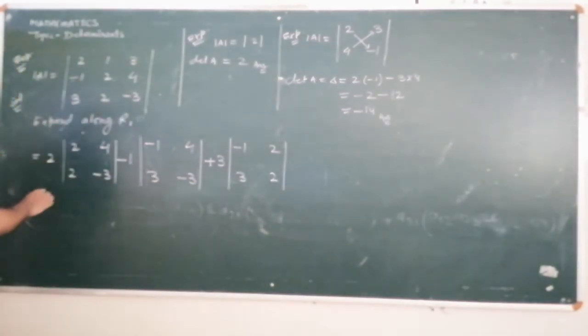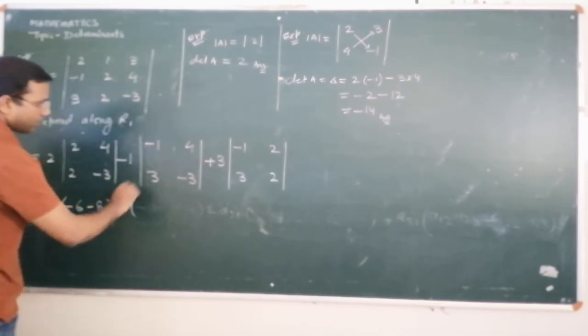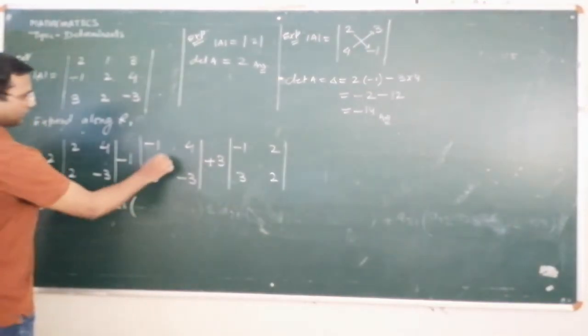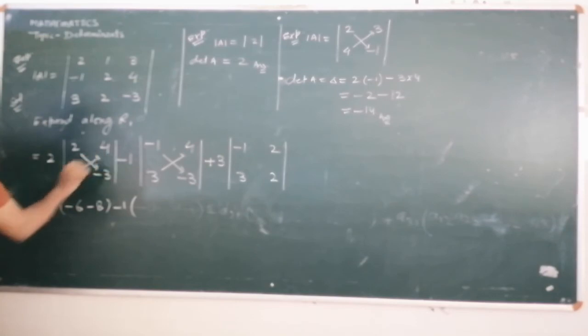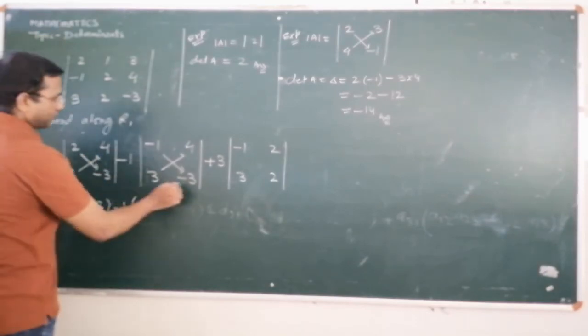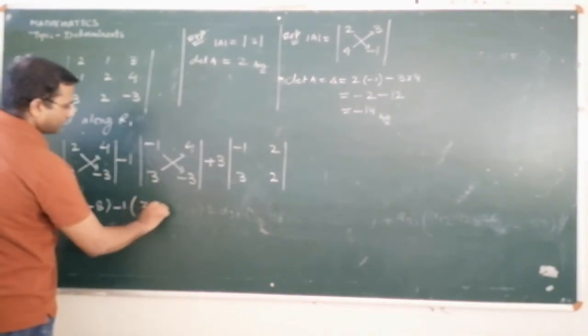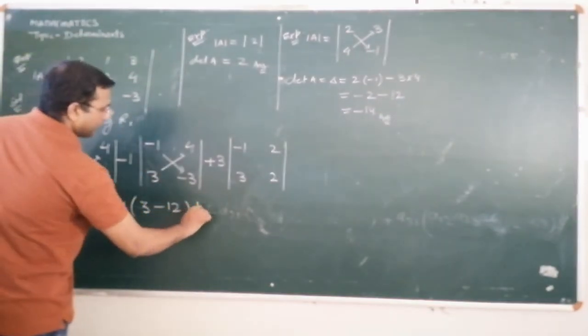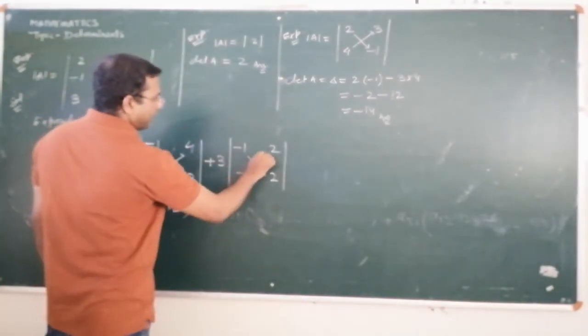It is absolutely correct. So we will find now it is 2 and it is minus 6, minus 8, minus 1. Then it is like this we have done. Don't be confused, we have followed this order. Minus 1 into minus 3 is 3 only, and here it is minus 12, then it is plus 3, and here again we have multiplied diagonally.